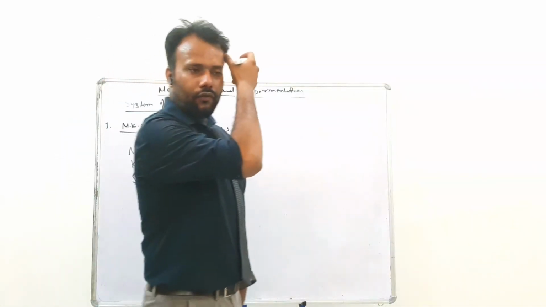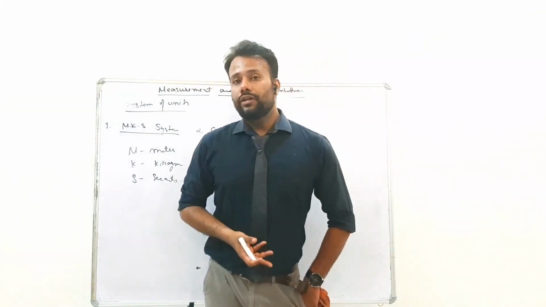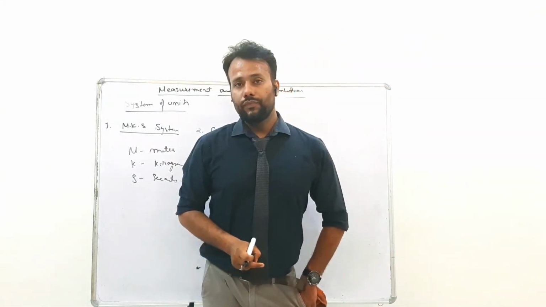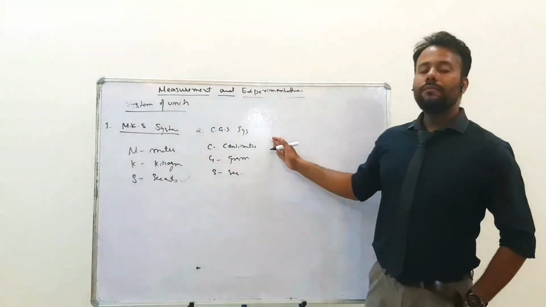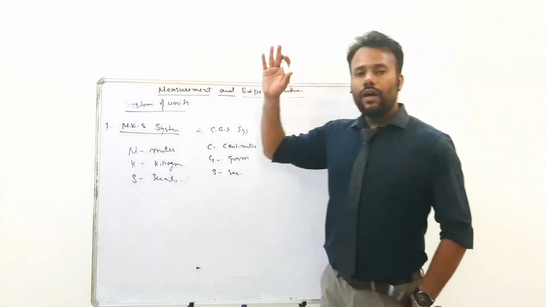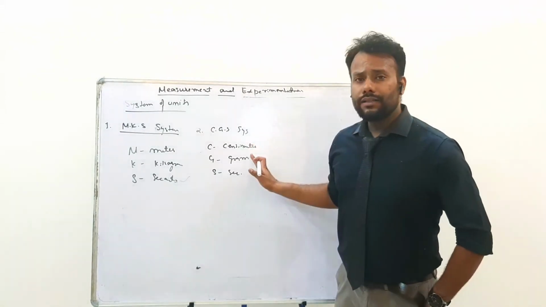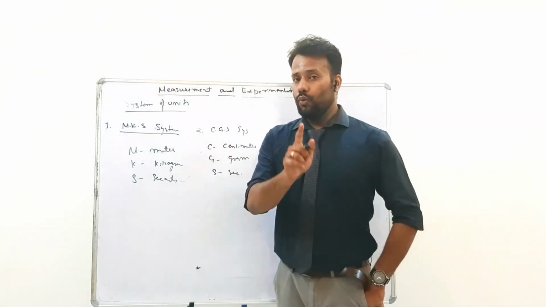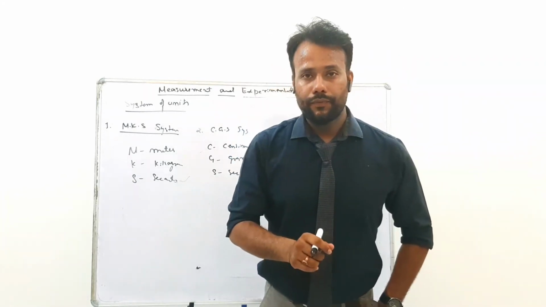Now suppose I am performing an experiment again in which we have to measure the length, mass and time. In this case, I will measure the length in centimeter, mass in gram and time in second. If someone says, okay fine, I'll measure the length in centimeter, mass in gram, but time in hour, no, that will be wrong. We can't change the unit, right?